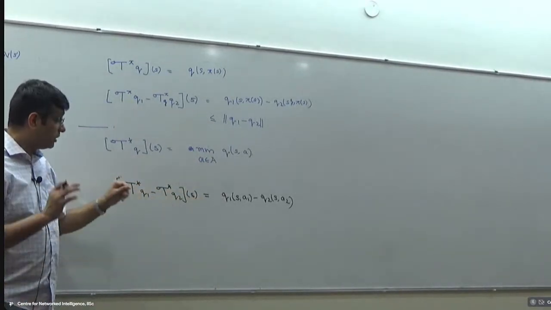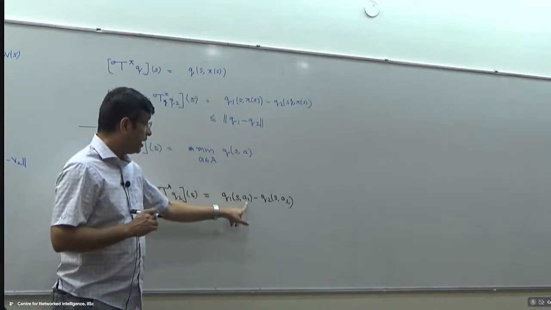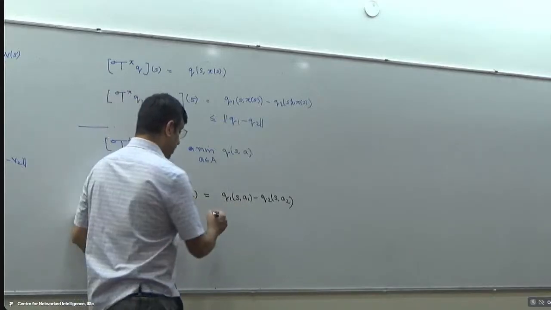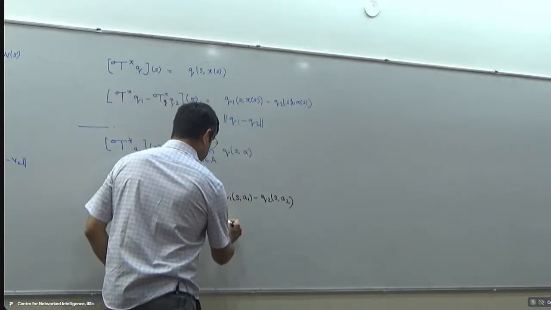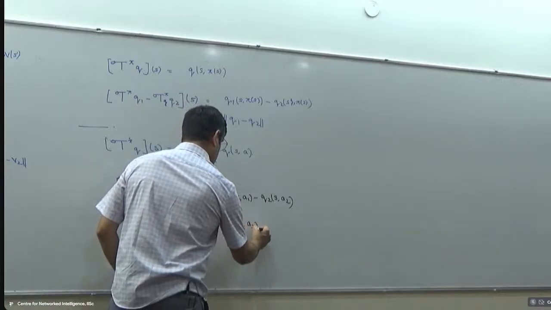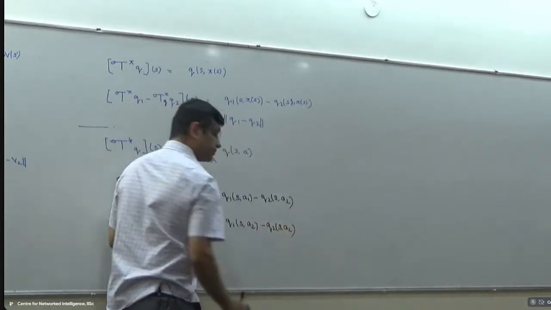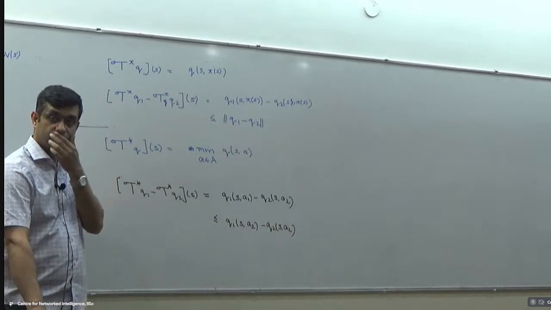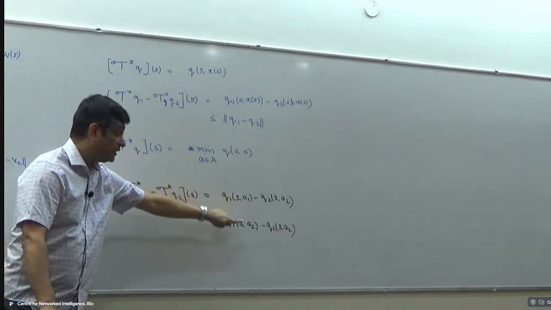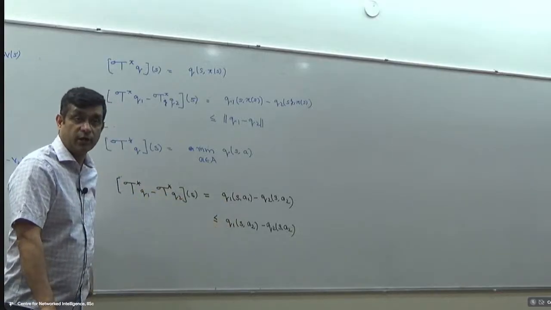Now, the property that I'll use is the fact that A1 is an optimizer. Okay. So this object is going to be less than or equal to Q1 of S, A2 minus Q2 of S, A2. Okay. I replace the optimal action with some action, so clearly this has to be an inequality.